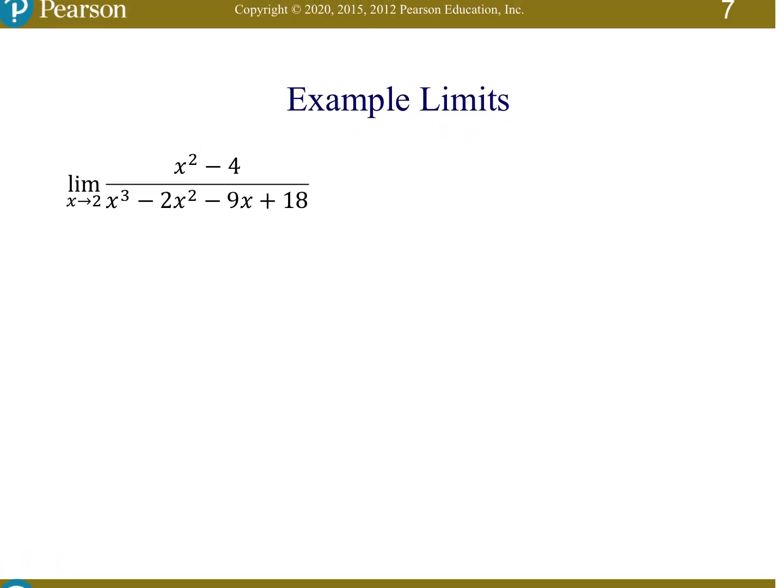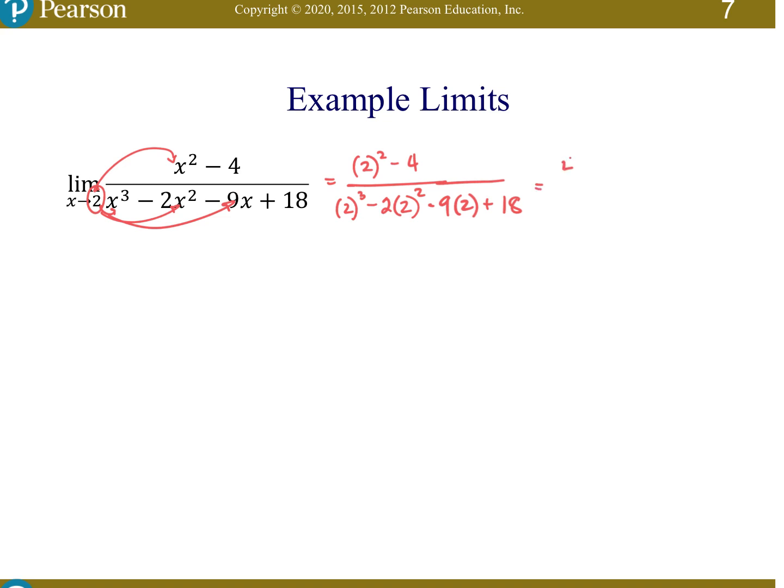All right, we'll try direct substitution again in this situation. So I'm going to take the value of 2, substitute it in for all the values of x. So that's going to give me 2 squared minus 4. It's also going to give me 2 parentheses cubed minus 2 parentheses squared minus 9 times 2 plus 18.